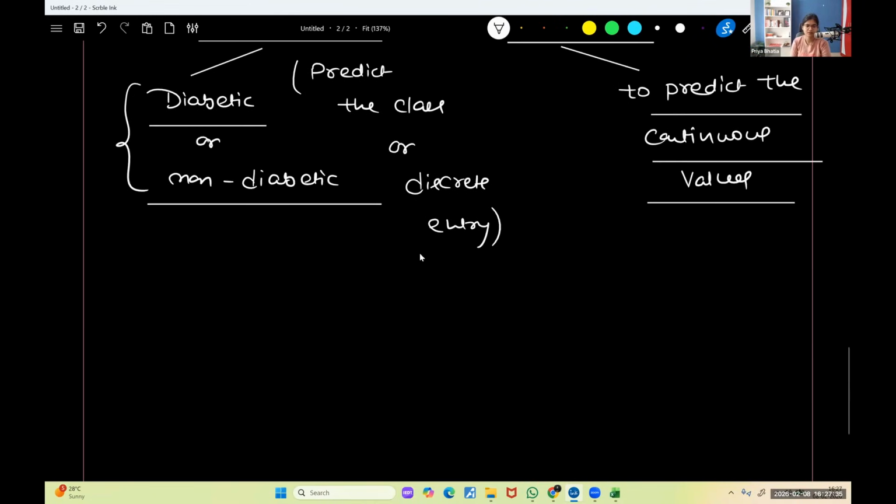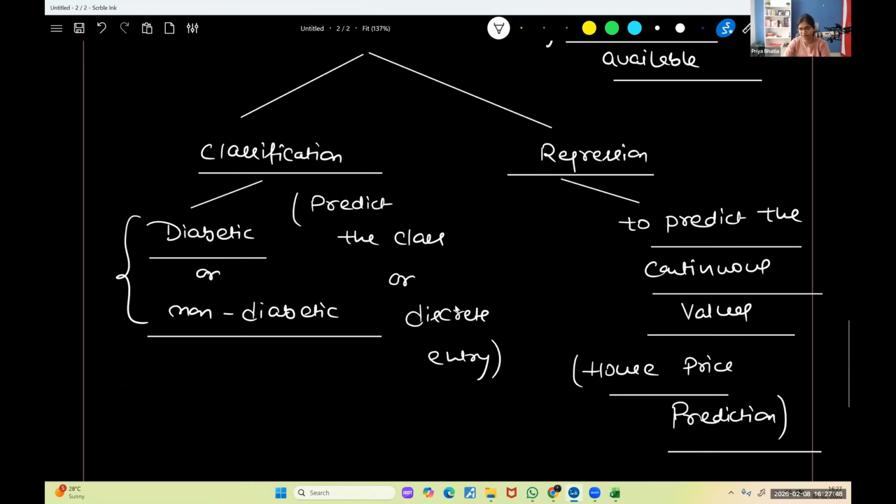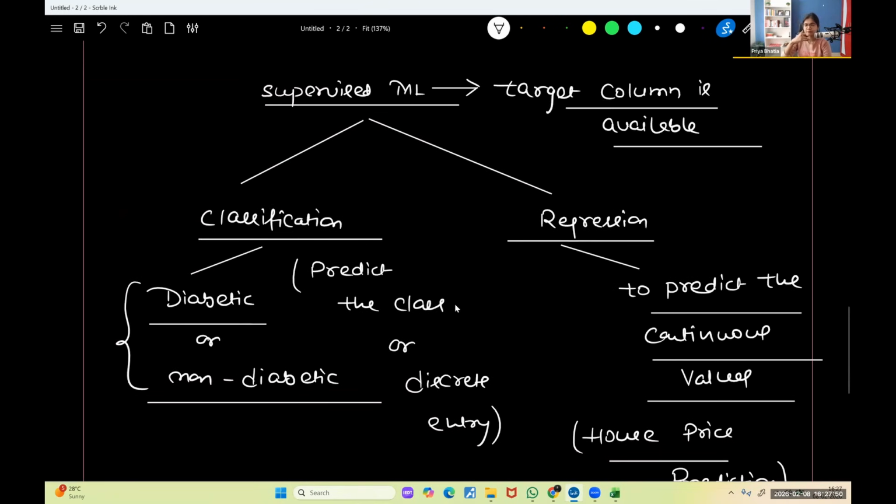For example, we can take house price prediction. When we talk about house price prediction, obviously we have to predict what is the price of the house, what is the weight of a person, what is the height of a person. All of these are examples of a regression scenario.